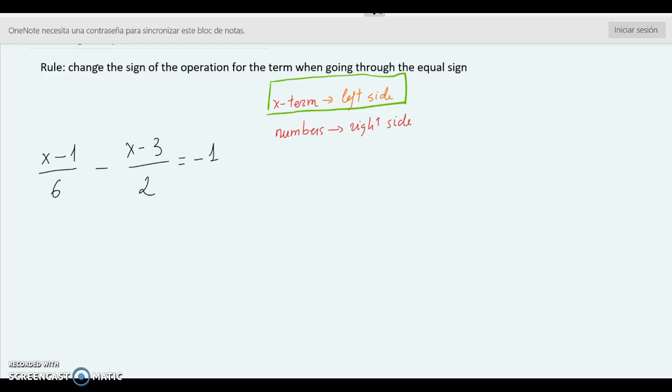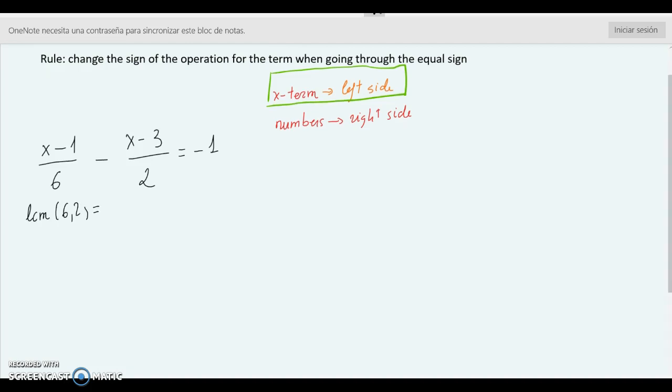To remove the fractions, I will find the LCM of the denominators. LCM of 6 and 2. This LCM is 6. As you can see, I don't have fractions in all the terms. I have here 2 fractions, but on the right side, I have minus 1. If I want to turn this number into a fraction, I only have to put 1 below.